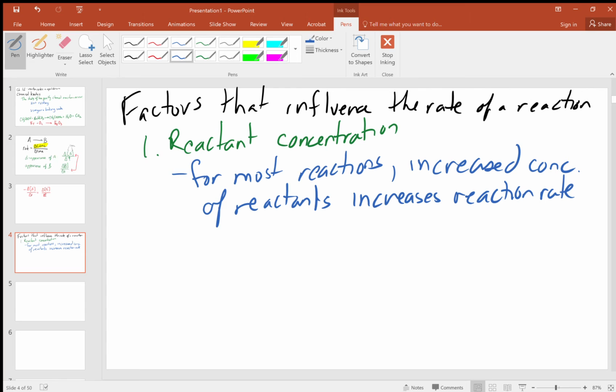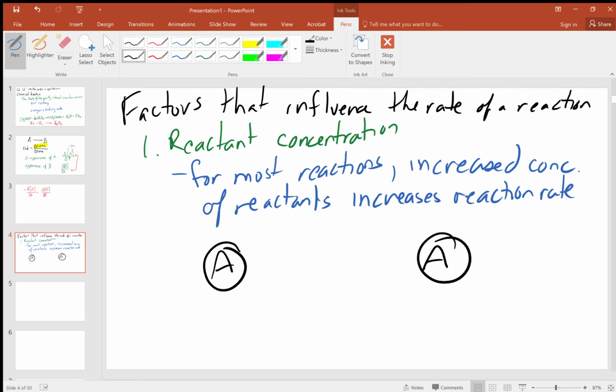Now, why is it that that's the case? Well, in order for a reaction to occur, what has to happen? So let's say we have two molecules of A here. And here they are far apart from each other.